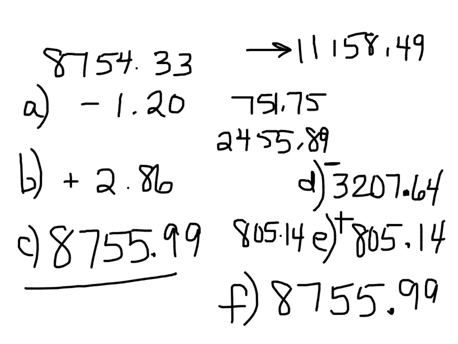Now, just so that you guys are aware of this, on your book, here's what's happening for number 6. This is giving you your check register. This is what you would have in your physical possession in your checking book all the time. Then when you turn the page, this is the bank statement that comes from the bank. On the back of that statement, they give you a reconciliation sheet.